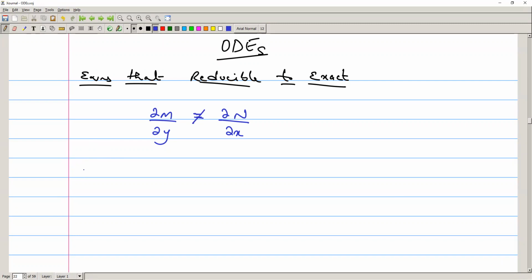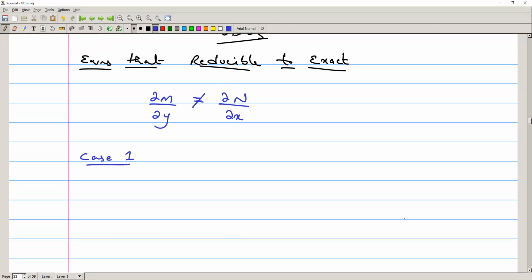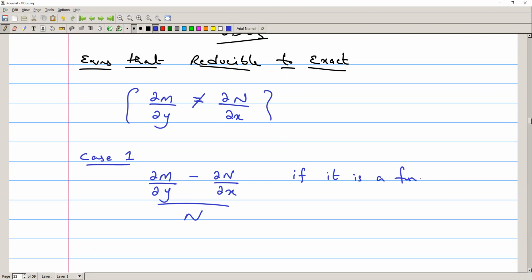The first case, that is case one, which is going to be the topic of our discussion today, says that if ∂M/∂y is not equal to ∂N/∂x, then try (∂M/∂y minus ∂N/∂x) over N and check whether it is a function of x only.